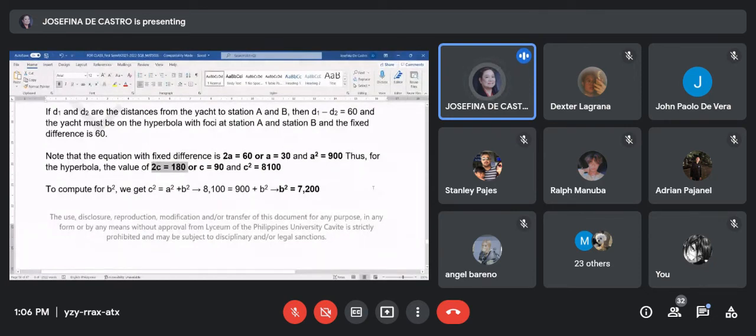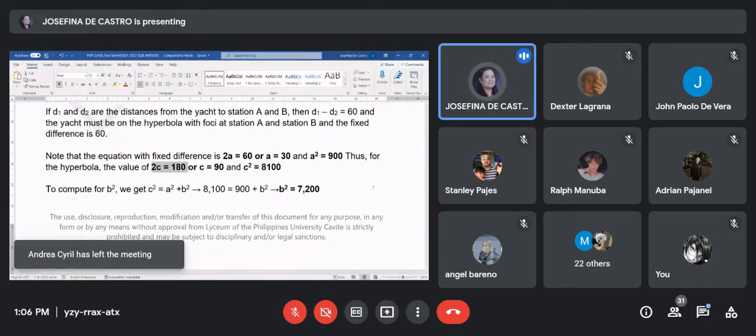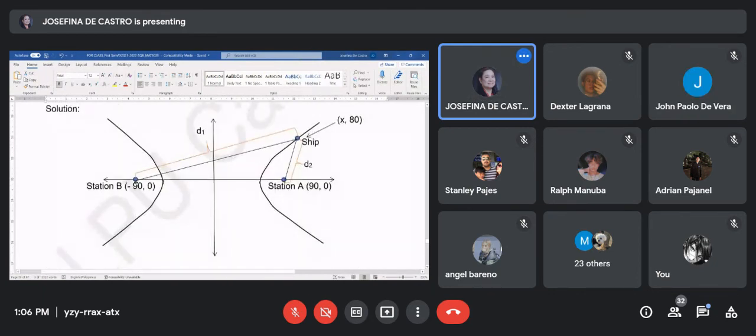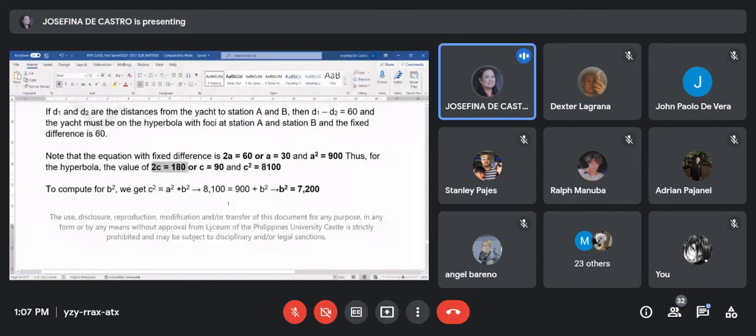Station A to station B, nilagay natin siya sa hyperbola 0, 0 with the x-axis as the shoreline. Therefore, from focus to focus, that is equal to 2C. Focus to focus. Therefore, 2C is equal to 180. C is equal to 90, C squared is equal to 8,100. And then solving for B, therefore ang C squared natin is 8,100 is equal to ang A squared natin is 900 plus B squared.